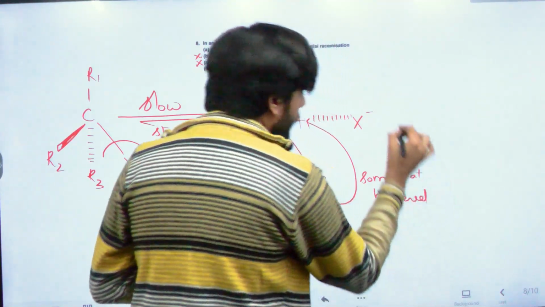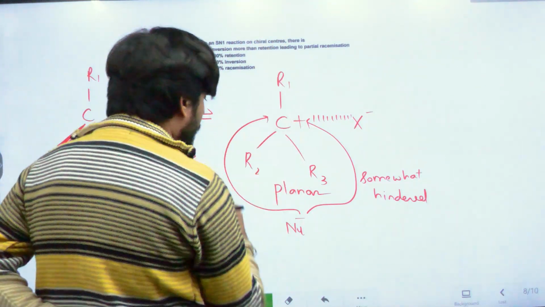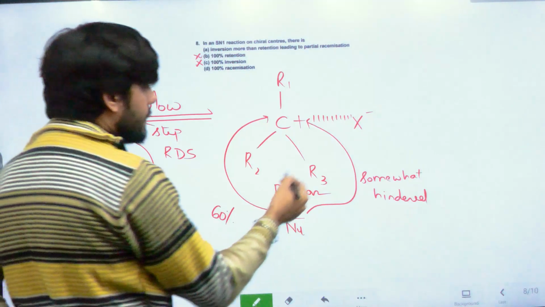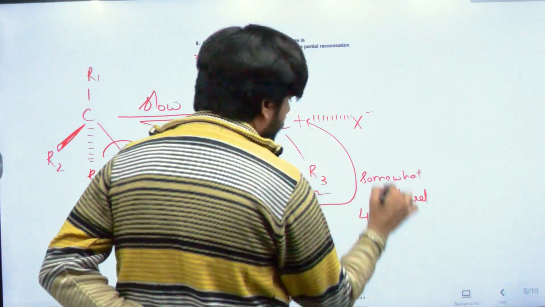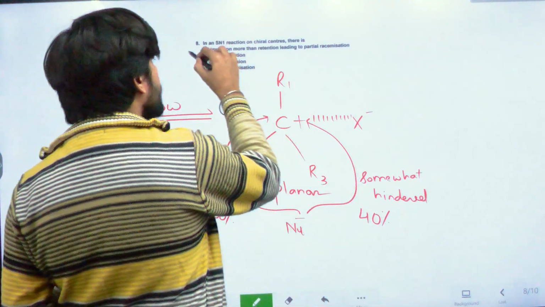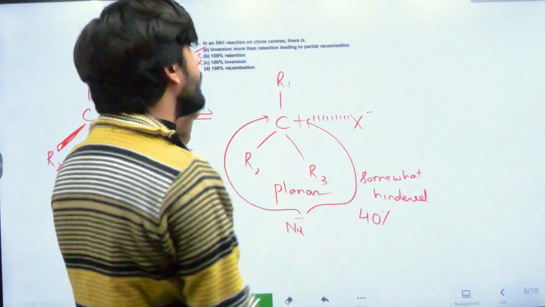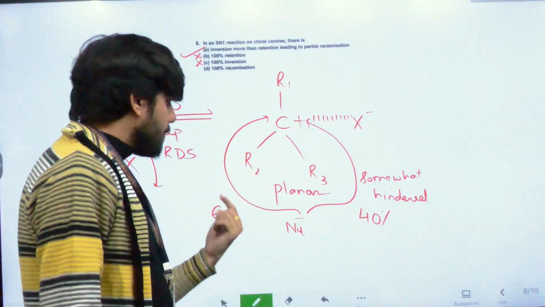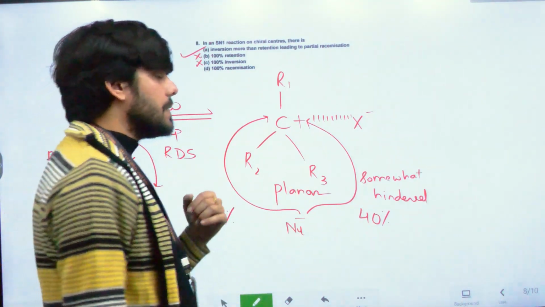When I say somewhat hindered, it means that the backside attack is, say, 60% and the front side attack is 40%. So there is inversion more than retention, leading to partial racemization, because this is not 100% racemization, 50-50. This is, say, 60% and 40%.